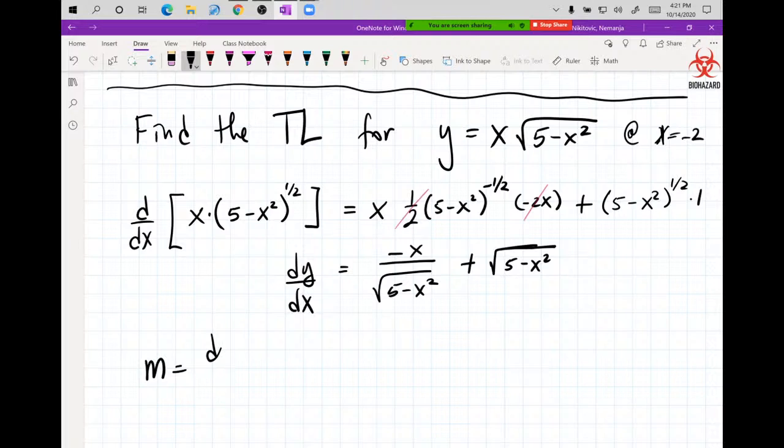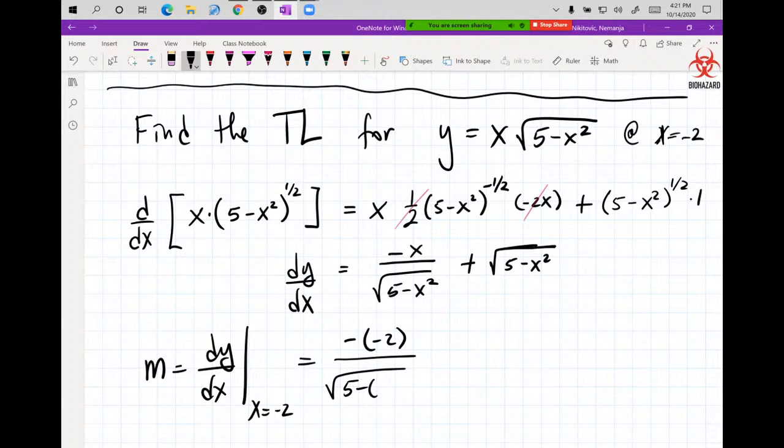Slope is the derivative computed at x equals -2 in this case. So all I need to do is to say -2 divided by the square root of 5 minus -2 squared plus square root of 5 minus -2 squared. -2 squared is +4. 5 minus 4 is 1.